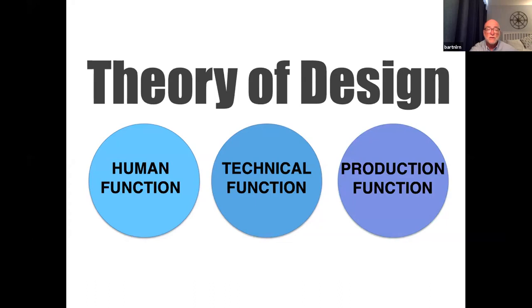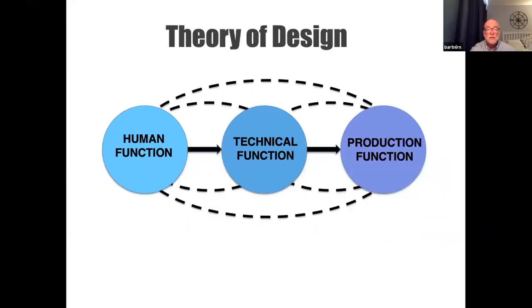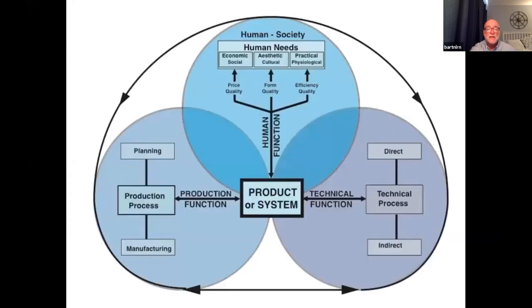So the human function, I think you can be aware, deals with aesthetics, right? And all kinds of things on that side, how the product works, design thinking. Then you have the technical, and then you have the production function. If you look at these three realms, these three areas of the theory of design, and I look at it in a different light, hopefully you can see the screen okay.